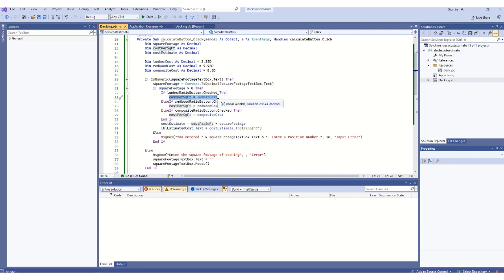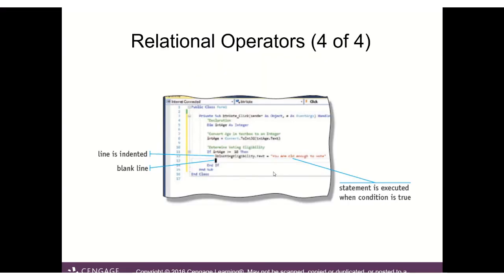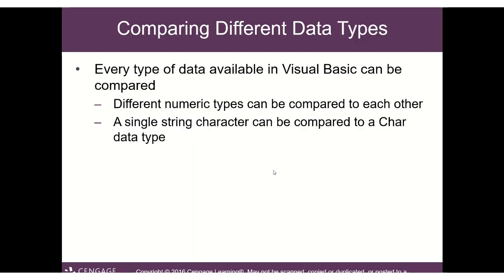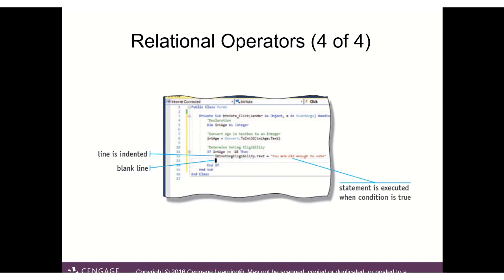We will learn what we do later. Then you can see that we have some multiple control structure, which comes with the Else If, which we are going to discuss in the next part. Let's focus on the If block, and we will eventually go to the Else If block. You put the If statement, and there is a blank line. The statement is executed when that condition is true.